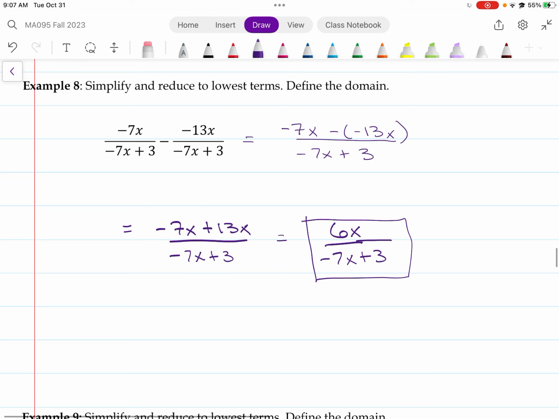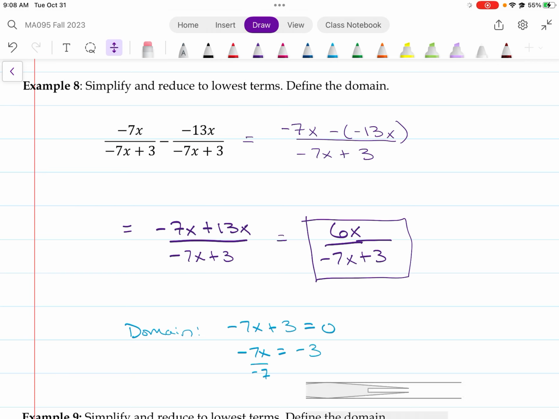And then the domain is dependent on that denominator. So the domain is going to be where negative 7x plus 3 is equal to 0. That's going to be the one thing it can't be. So negative 7x equals negative 3. I just subtracted 3 from both sides.